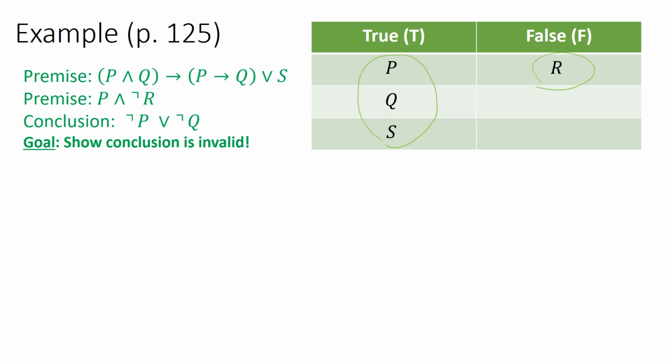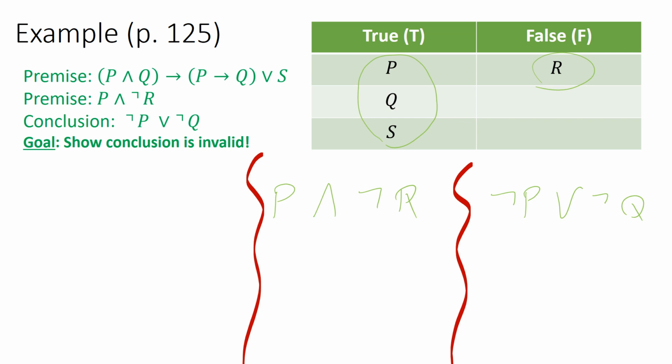So we have the conclusion, not P or not Q. We have the premise P and not R. And the very long premise, parentheses, P and Q, close parentheses, implicates, parentheses, P implicates Q, close parentheses, or S.